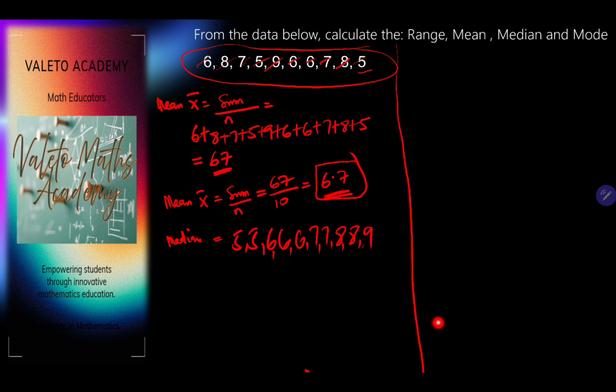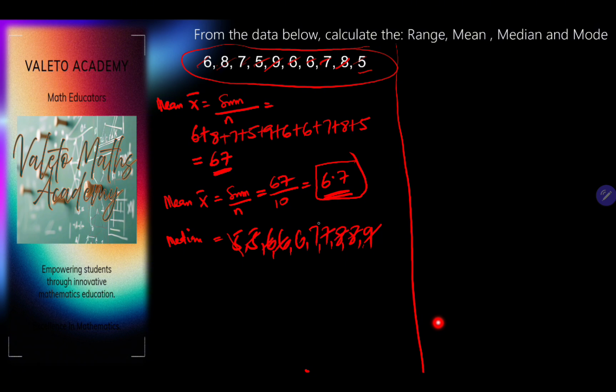Then the median is simply the middle number in the data set. We could get to the middle number by eliminating from both sides. We can remove 5 here, remove 9 here, take the next one, take the next one, 6 and 8. We take the next one, 6 and 7.